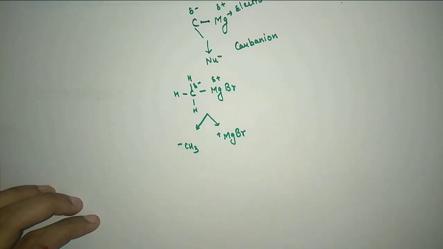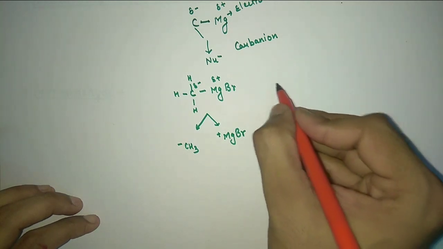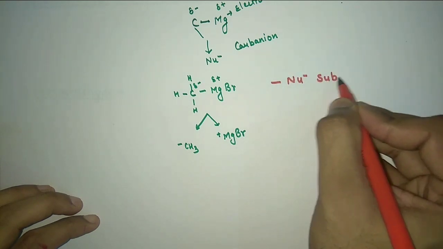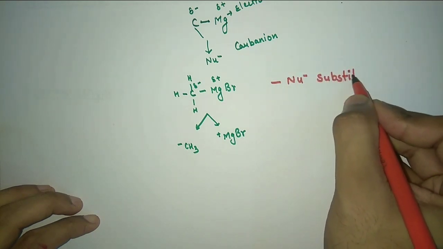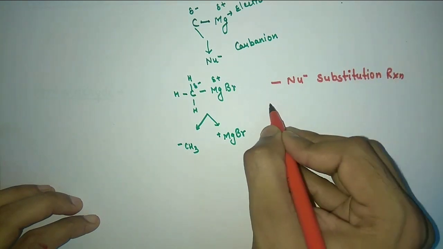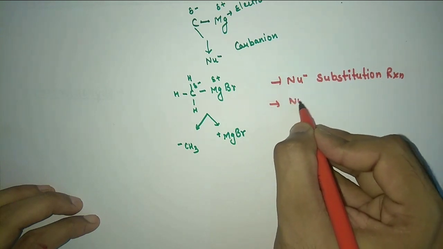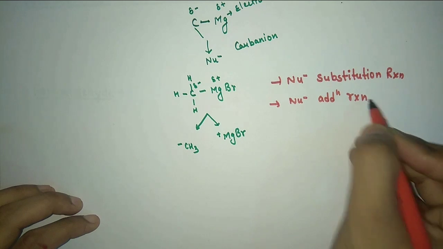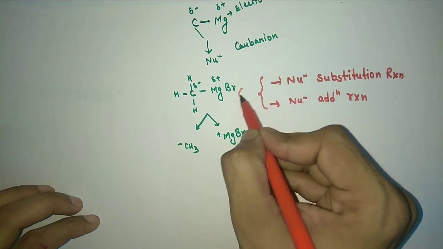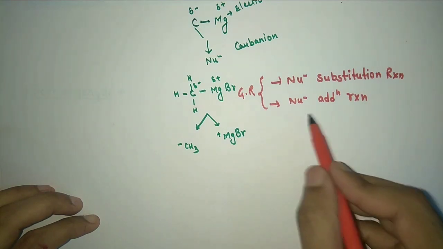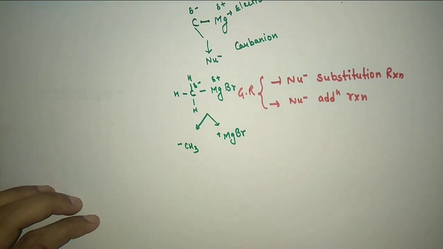Our Grignard reagent can undergo two types of reactions, namely nucleophilic substitution reaction and nucleophilic addition reaction.